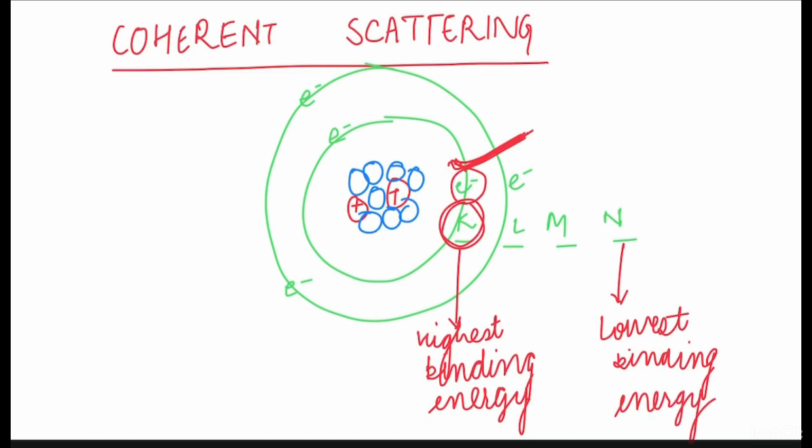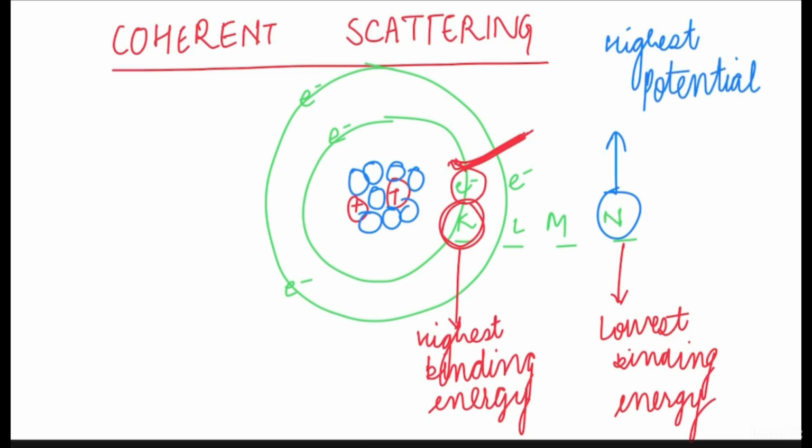Next is potential energy. This N shell has the highest potential energy, meaning if an electron is falling from the N shell to the K shell, it will release more energy as compared to if the electron is falling from the L shell to the K shell, where it will release lesser energy.